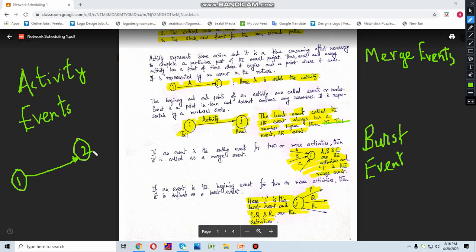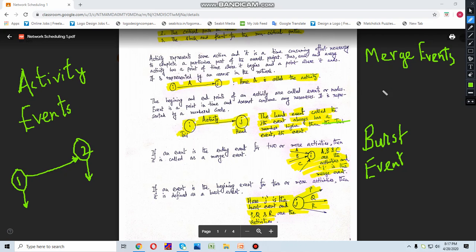It is the activity which consumes time. That means when you are required to complete an activity, you will require some time, but there is no time consumption for any event. An event doesn't consume any resources, nor does it consume any time. Sometimes this is called the head event, and this is called the tail event.